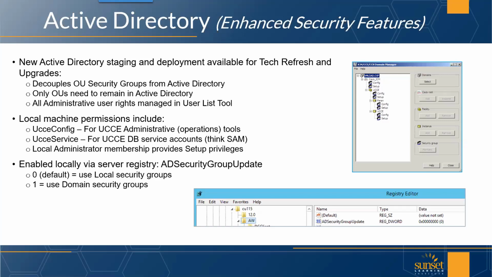What it does mean, though, is that the CCE solution now needs us to add user IDs to the local user groups on each local machine for authorization. Those privileges are going to be provided by memberships to local user groups on the local machine. Active Directory is then only used for authentication. So the decoupling has now taken the authorization away.